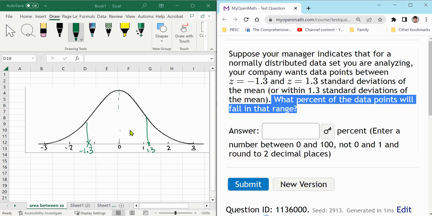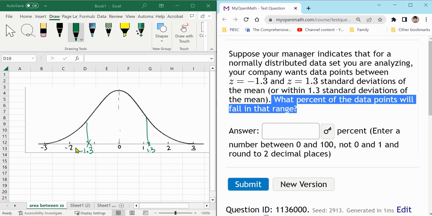So this is like any other problem we've done before where we were looking for the area between two given boundaries. In a way, it could be seen as easier. There's multiple ways of approaching a problem like this when the two boundaries are the same distance away from the mean, from 0.